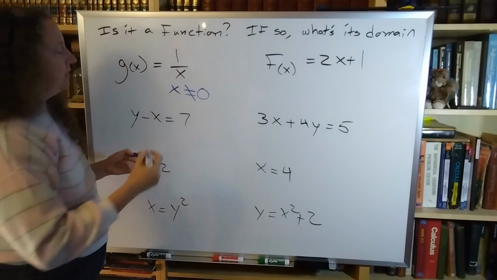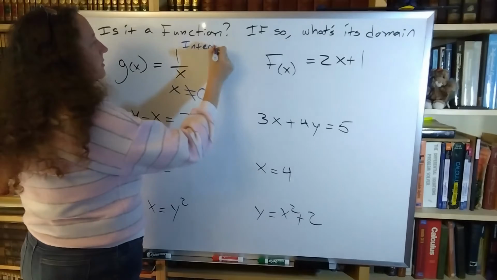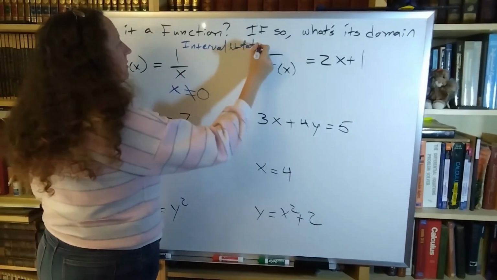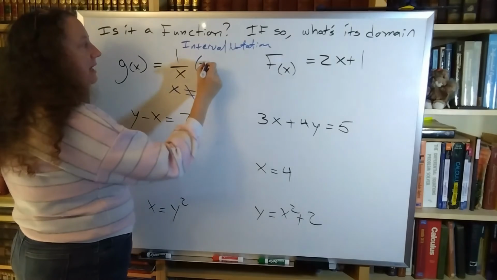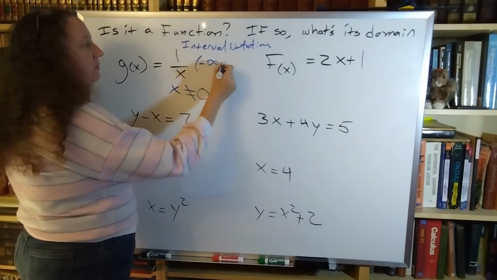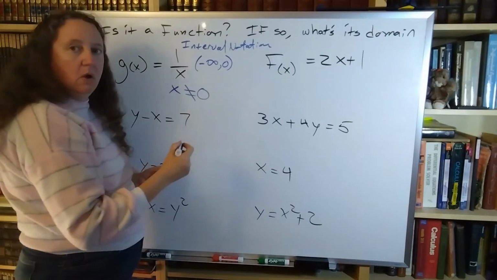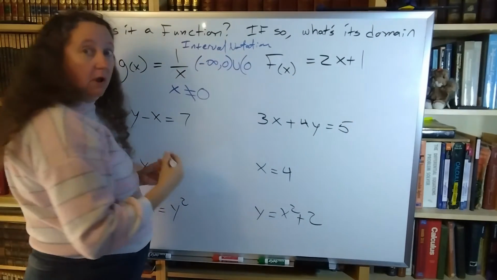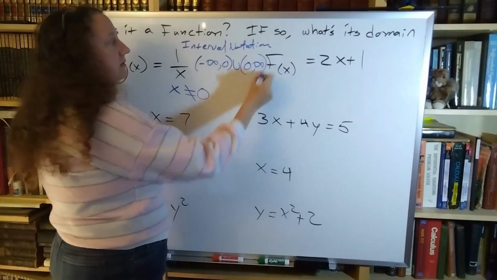So in interval notation, we would have, it can go anywhere from negative infinity up to 0, but not including 0, or it can go from 0, not including 0, up to positive infinity.